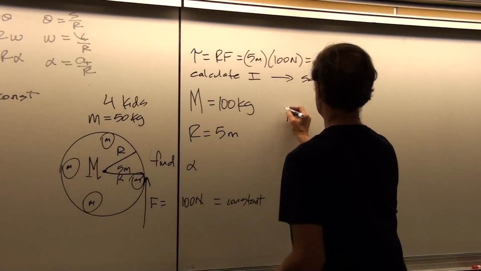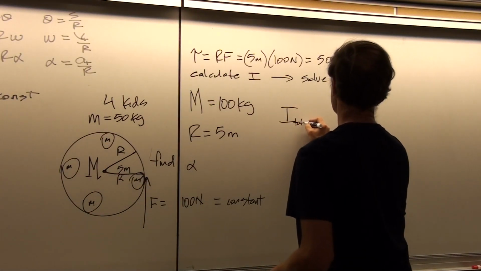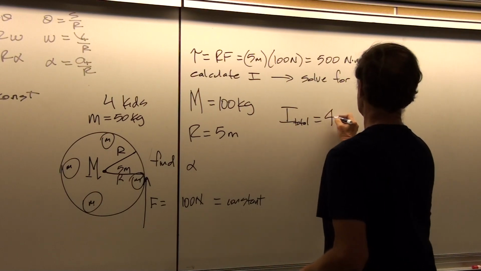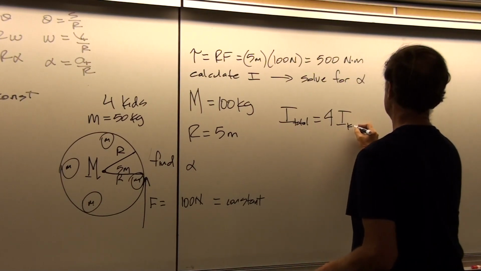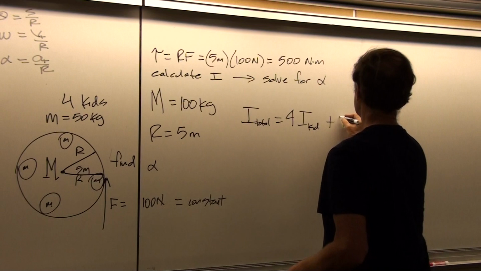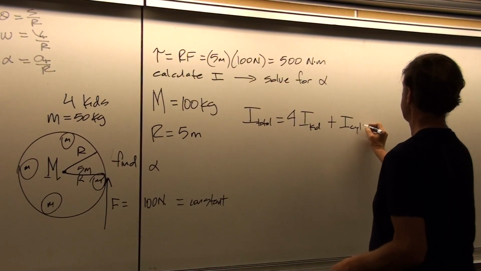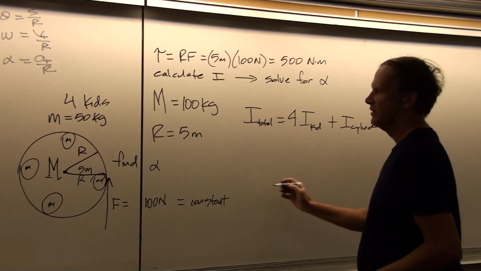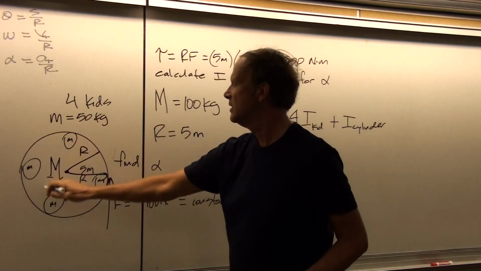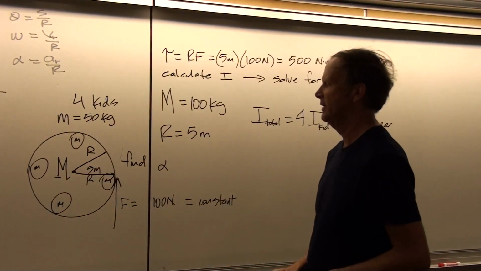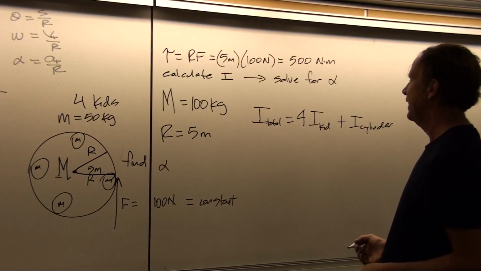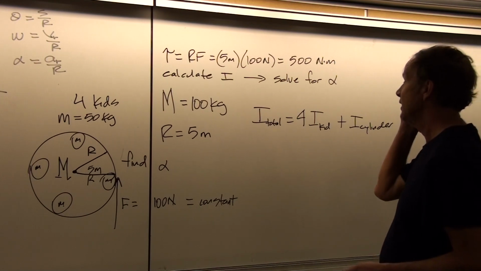So I total will be equal to 4 times I for each kid plus I for the cylinder. The cylinder is this big rotating turntable that is like the merry-go-round. Now let's assume there's no friction here.